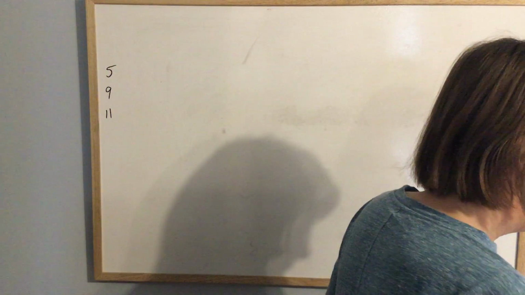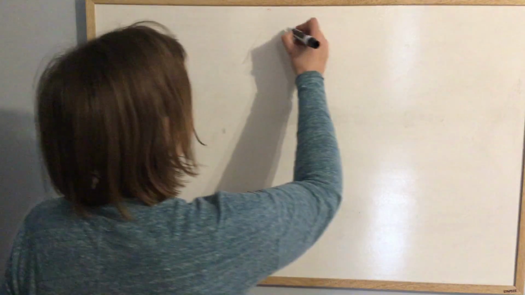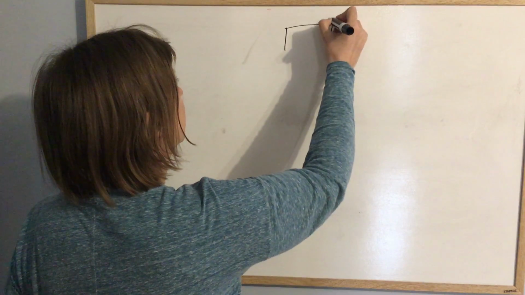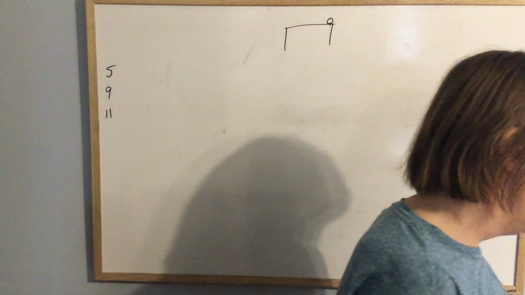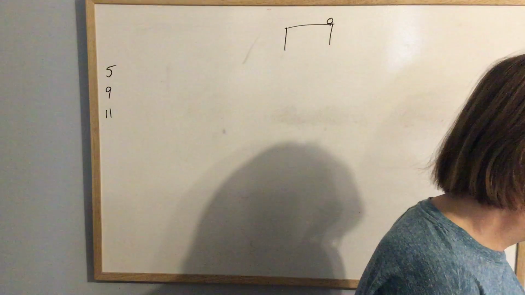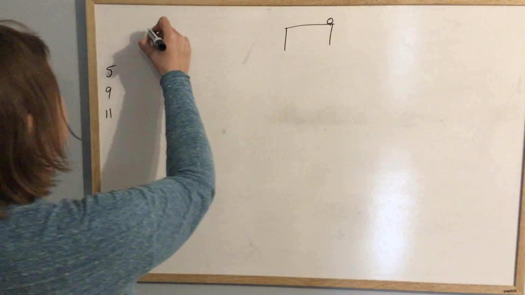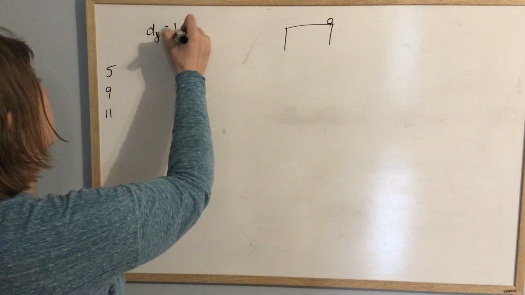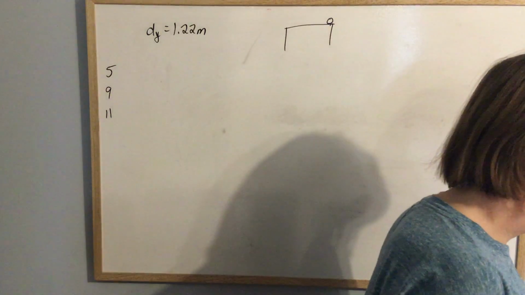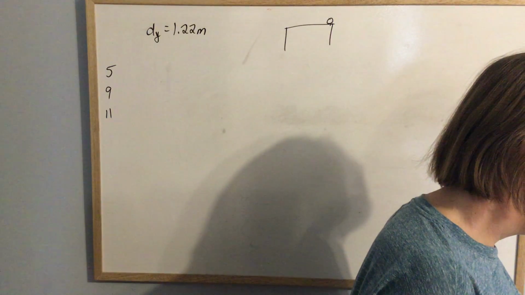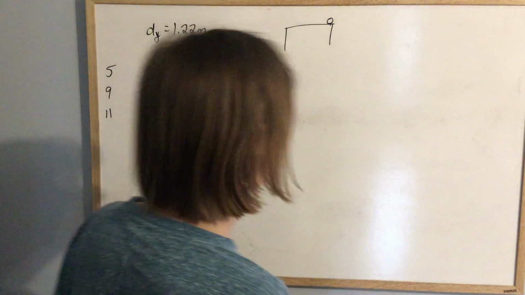So let's see. In a physics experiment, you are rolling a golf ball off a table. So you have a table, you have a golf ball, you're going to roll it off the table. The tabletop is 1.22 meters above the floor, so my vertical displacement is 1.22 meters, and the golf ball hits the floor 1.52 meters horizontally from the table.